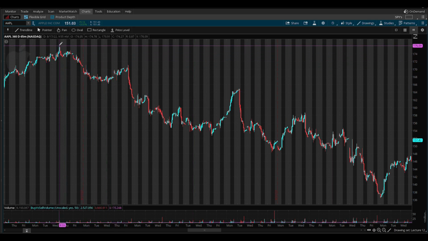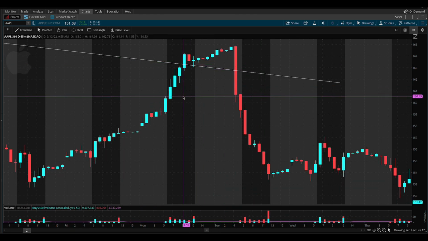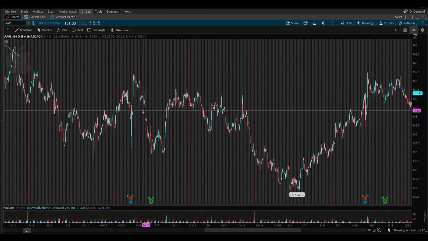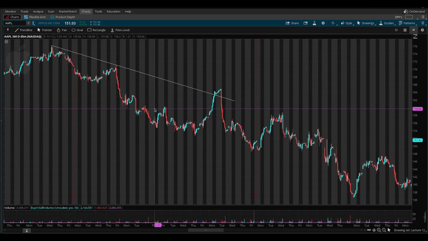When you grab the highest point and you connect it with the next lower high, guys, trust me, that's how you can trade a simple break of it. A simple break. I mean, look at this. This is a simple break on that trend. But let's not get too ahead of ourselves. Let's stick with what I'm trying to teach you guys.